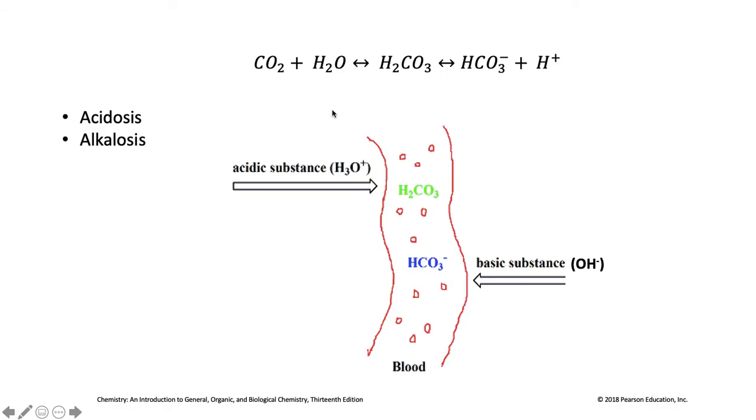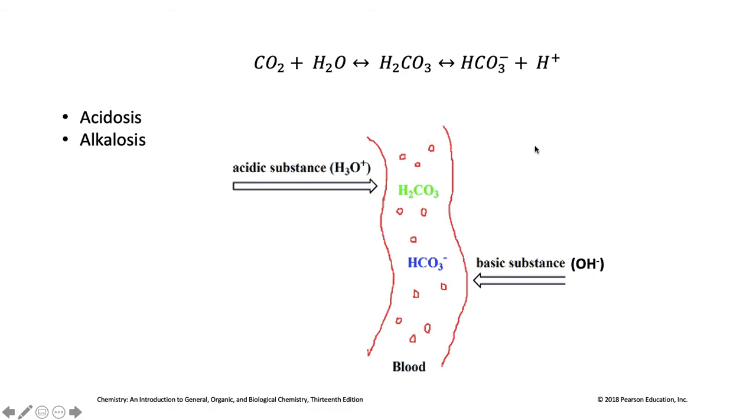Now remember that this is connected, so H2CO3 can also break down into CO2 and H2O. And if you remember from chapter 8, we talked about Le Chatelier's principle. So these reactions are all connected to each other. If I increase the concentration of one, it's going to shift a reaction in this direction or that direction.